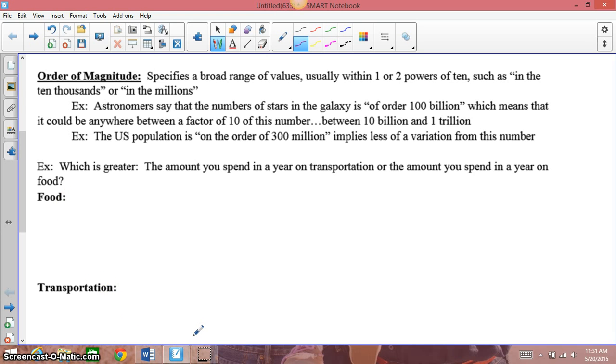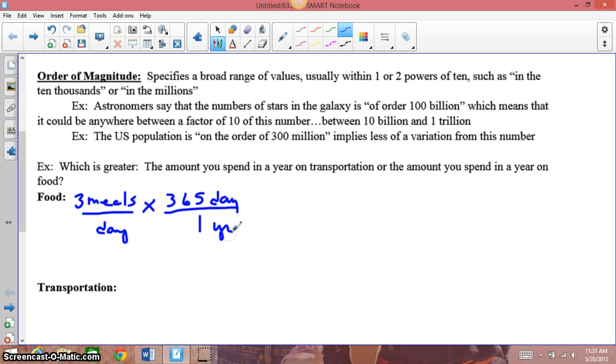So, for example, let's say food-wise, we're looking at 3 meals a day. And then, of course, there are 365 days in a year. At that point, days have canceled out, and so I've got meals per year. I need to get a cost in there. Roughly, this is where you want to estimate. I'm going to say roughly $8 a meal.